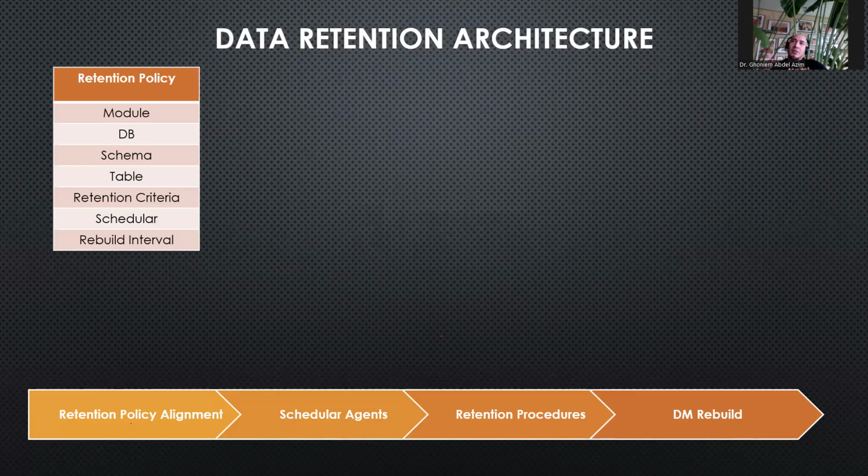And since one database is serving one specific module, you can have different schemas as per the journey, according to the purpose of the microservice. And within the schema, you can differentiate between the tables' data retention. So you will have different tables within this schema, and within each table, you can define the data retention criteria.